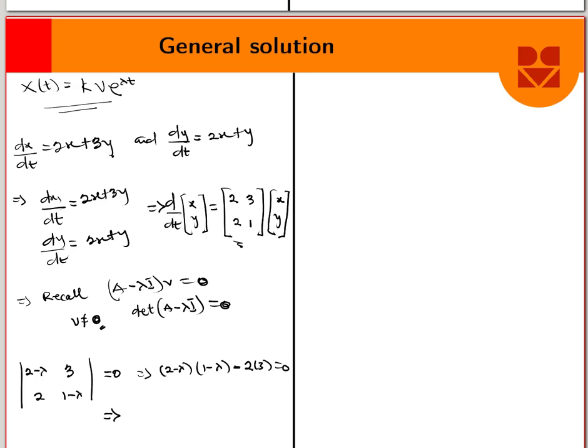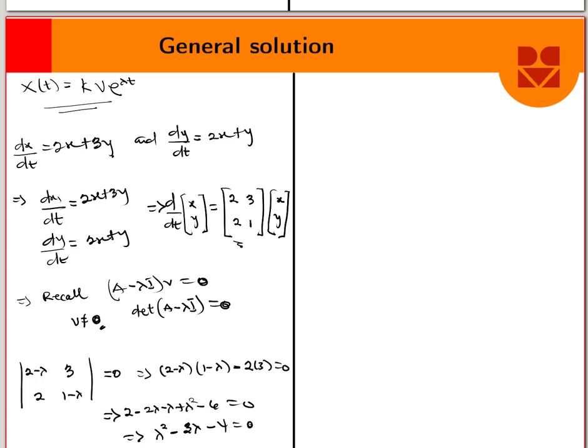This gives us 2 minus 2 lambda minus lambda plus lambda squared minus 6 equals 0. Simplifying this, we have lambda squared minus 3 lambda minus 4 equal to 0.